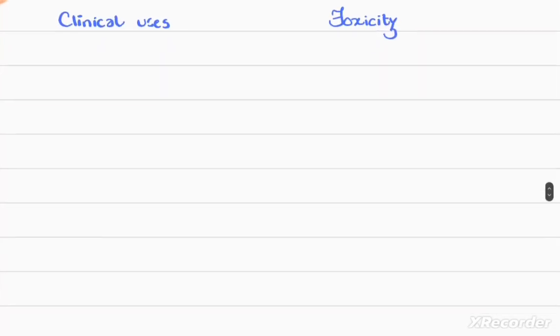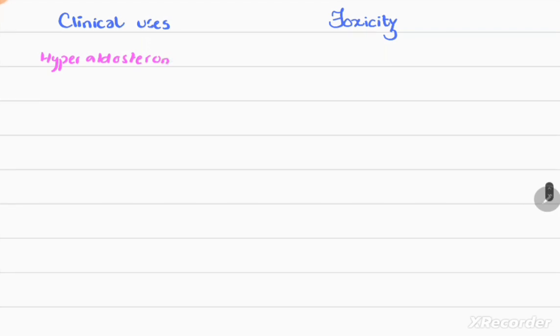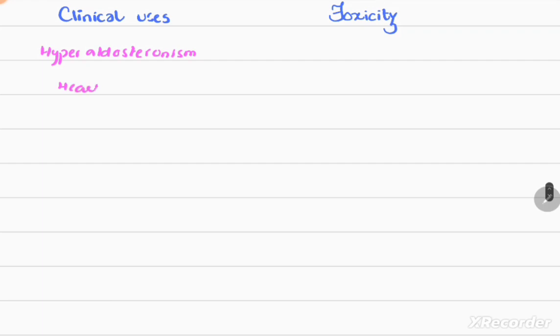As far as the clinical uses are concerned, they are used in the treatment of hyperaldosteronism. So in all the conditions in which there is an increased concentration of aldosterone in the body, spironolactone is used, which include Conn syndrome, ectopic ACTH secretion, heart failure, cirrhosis, as in cirrhosis there is an increased concentration of aldosterone in the body, and nephrotic syndrome.